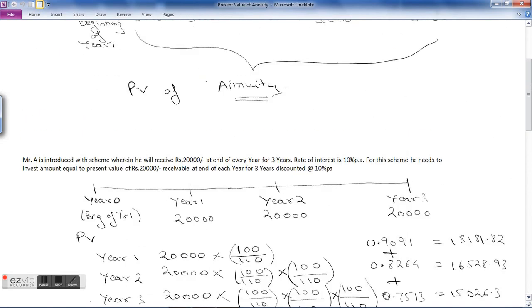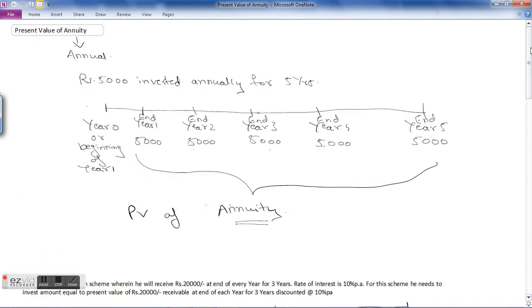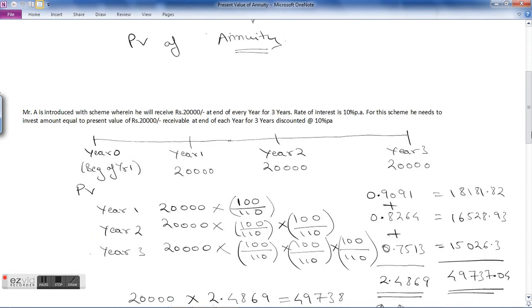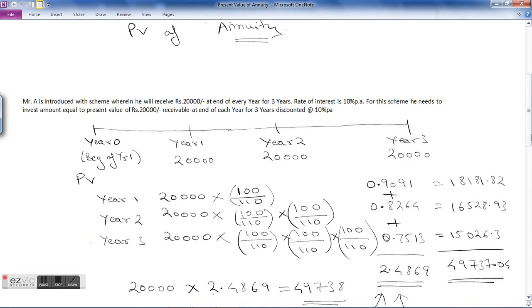So this was about the present value of an annuity. One thing that has been assumed is that the cash flow, that is the amount invested annually or the amount received, in this example 20,000, is at the end of each year and not at the beginning of the year.